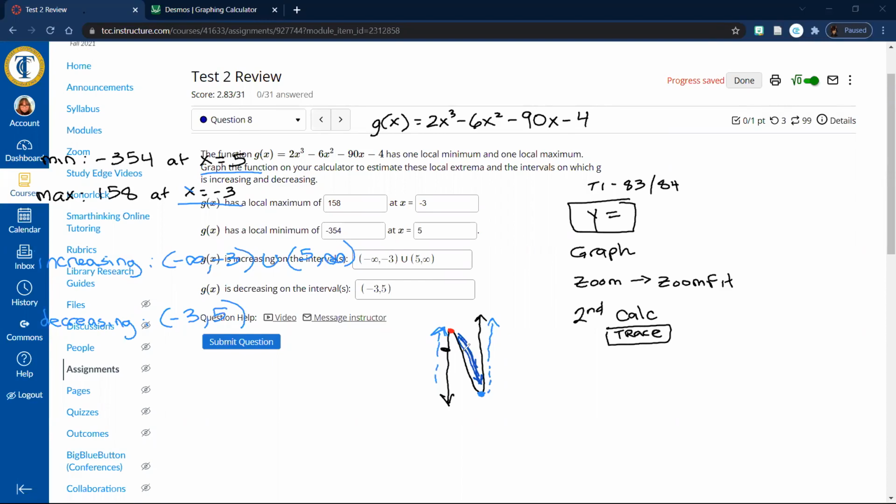You'd hit enter, then choose a right bound and hit enter, and then it'll say guess. Hit enter, and it gives you the points. When you do this part for the calc, you choose whether it's the maximum or the minimum, so you'll have to find each one separately.